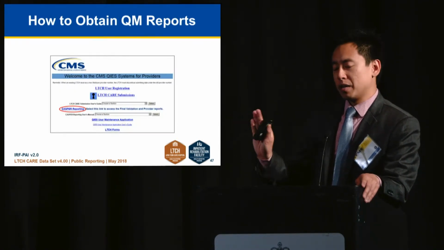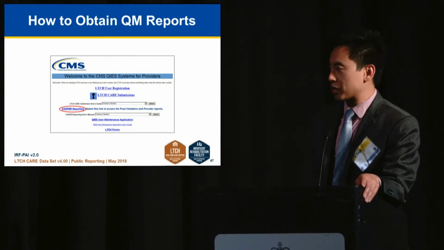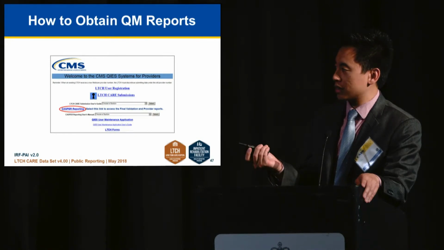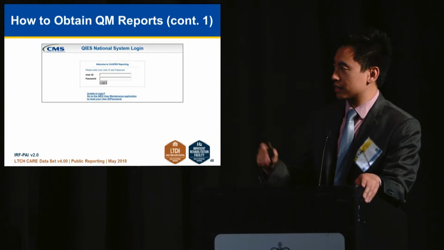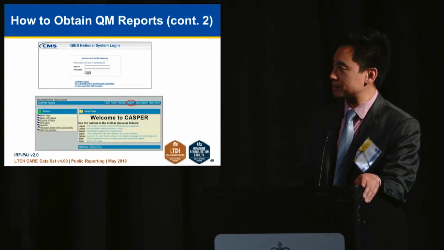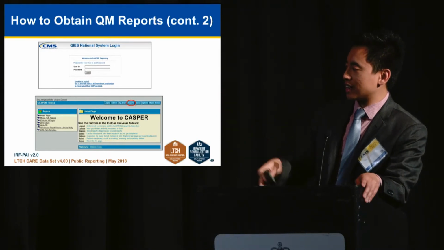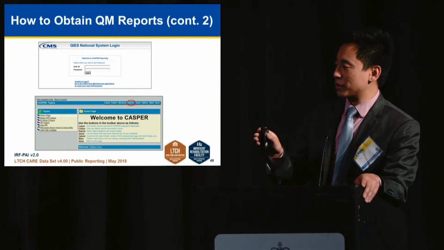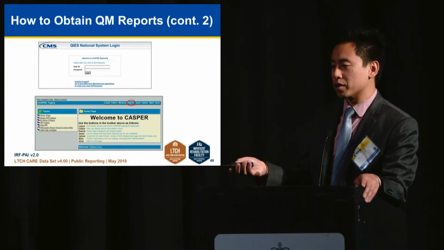How to obtain the QM reports is almost the same way as the review and correct reports. Go to the CASPER reporting, the QIES system homepage, click on CASPER reporting, the login system. Then you click on the reports, and I think it's the same thing. You click on facility QM reports, and then you go to the report submission page.